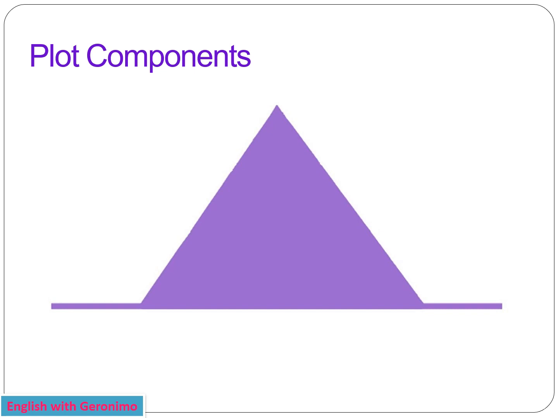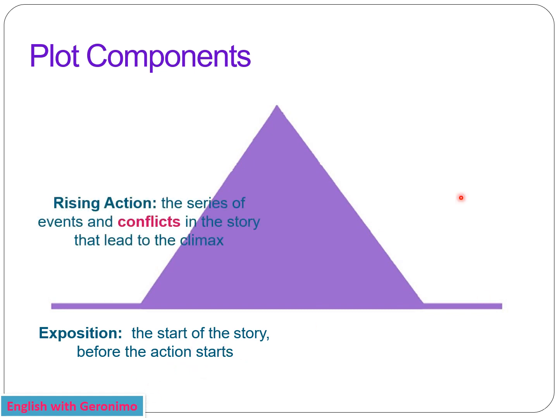So plot components, just remember this pyramidal figure. Exposition means the start of the story before the action starts. Next, we go up to the rising action, the series of events and conflicts in the story that leads to the climax.